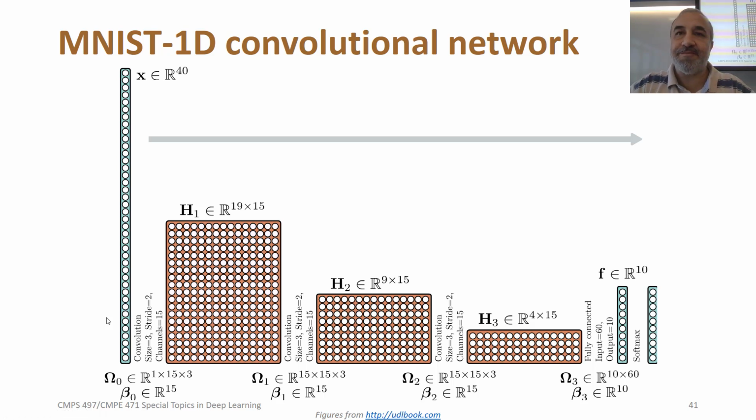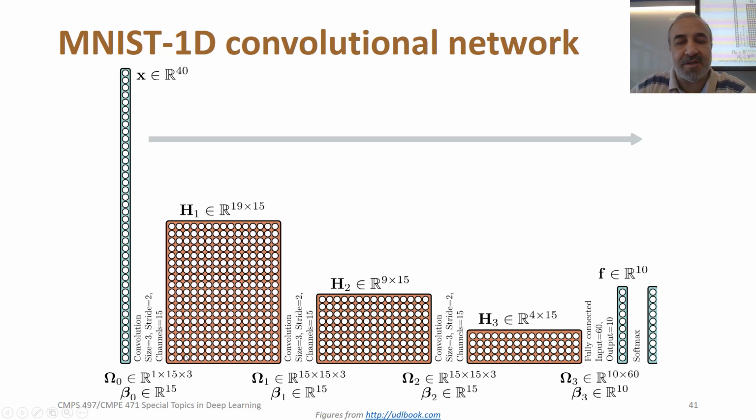Let's look at the network. This is the network. Let's try to understand everything on that figure. First of all, the input layer: how many nodes do we have here? 40, because we have 40 features. Then we have a convolution layer.